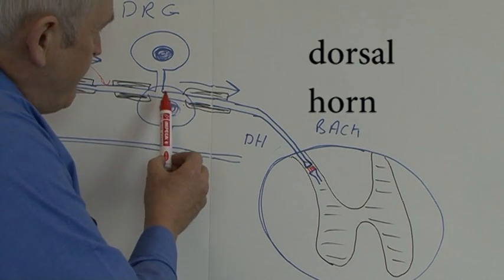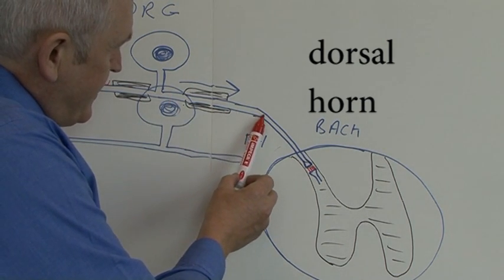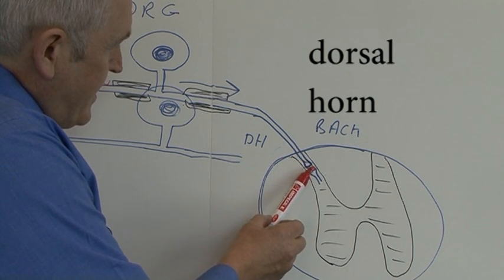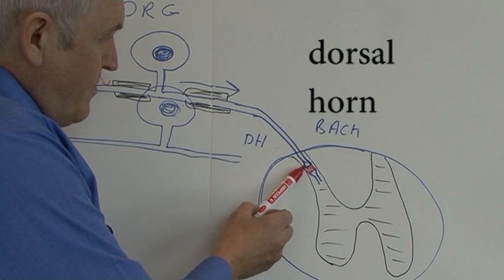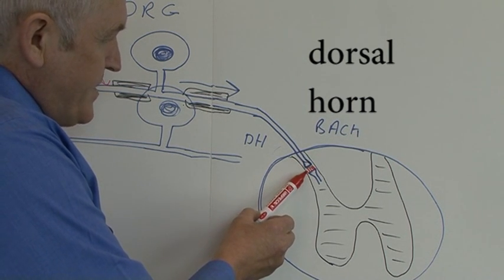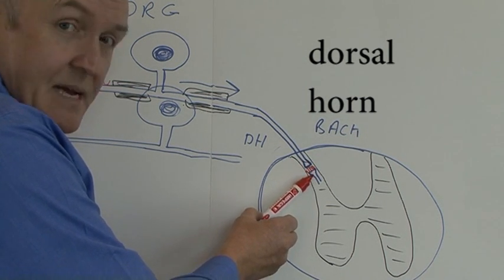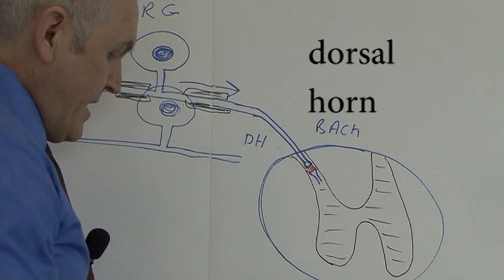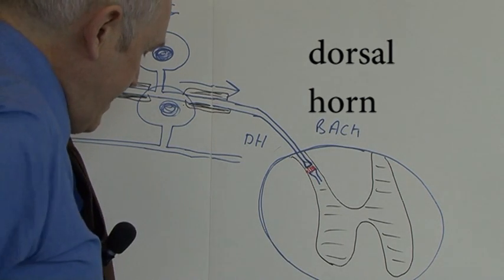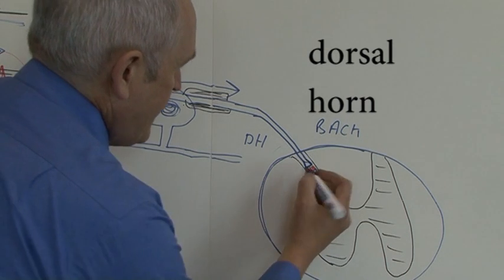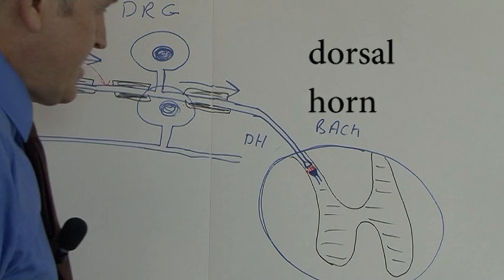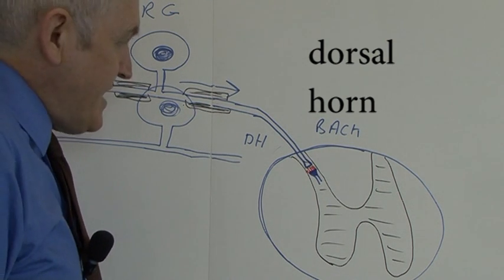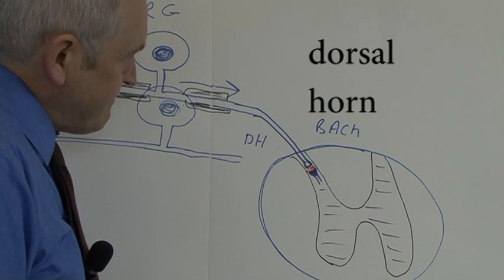So the electrical nerve impulse comes along the first neuron as an electrical stimulus. It causes the release of glutamate from the end of the first neuron. This glutamate diffuses across the synaptic gap. When the glutamate arrives at this postsynaptic membrane here, it's going to depolarize this postsynaptic membrane, generating a new nerve impulse.